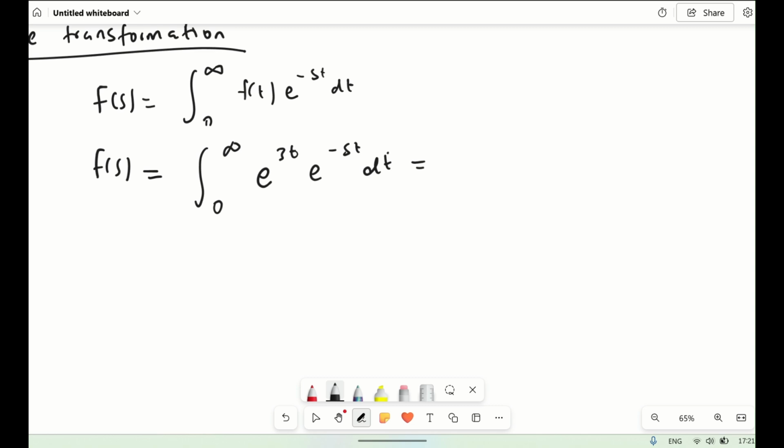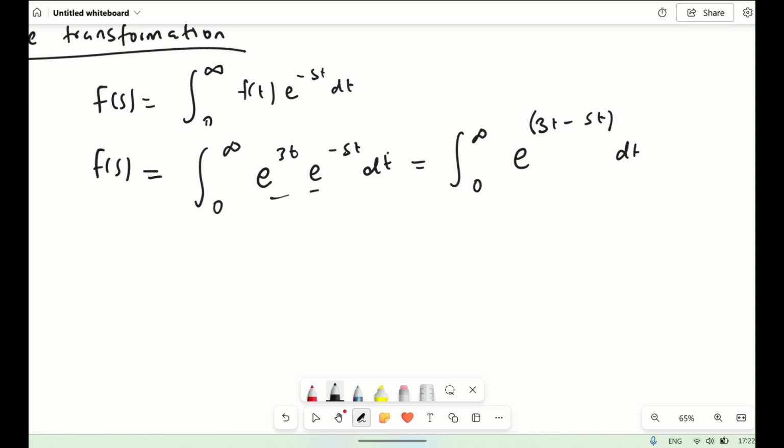Now we have the same base, so we add the exponents. So it's the integral from 0 to infinity of e to the power 3t minus st dt.